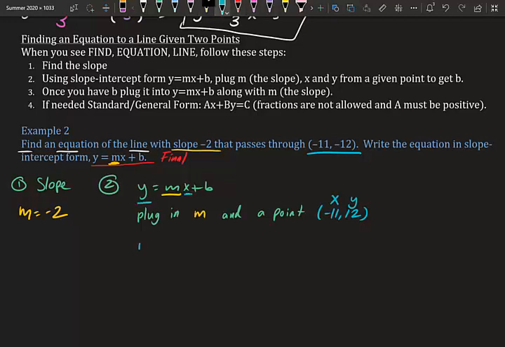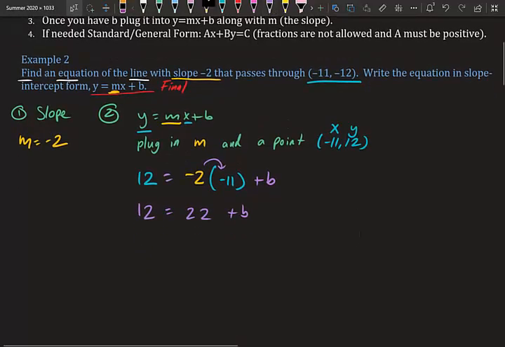So we have y, which is 12, equals m, which is -2, times x, which is -11, plus b. So let's simplify this. We have 12 equals 22 plus b. We multiply these. Subtract 22 from both sides.